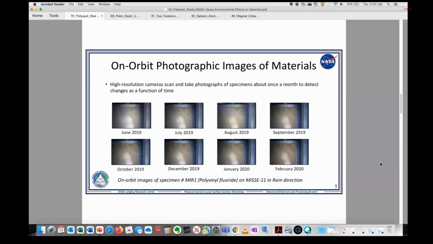And here I have shown you the same material. It has been photographed 8 times from June 2019 to February 2020. And looking at the progression as a function of time, we can see that the material in this case is gradually darkening. So this is something we can see that's actually happening in space.